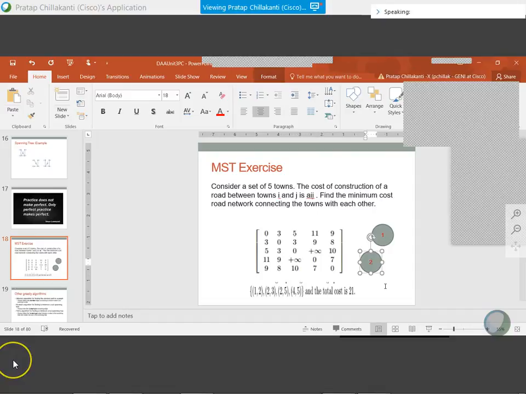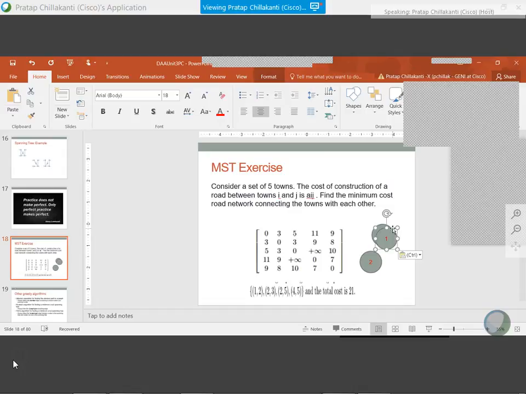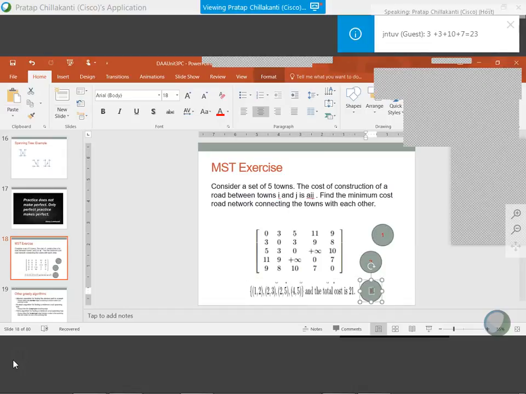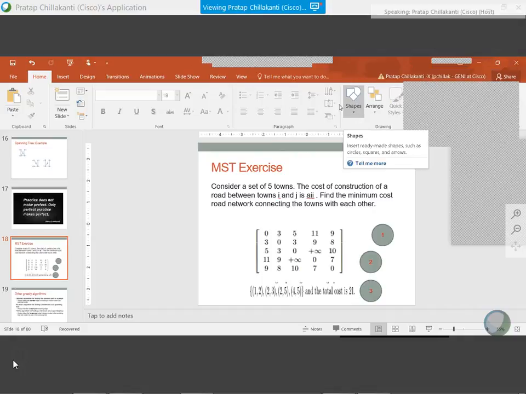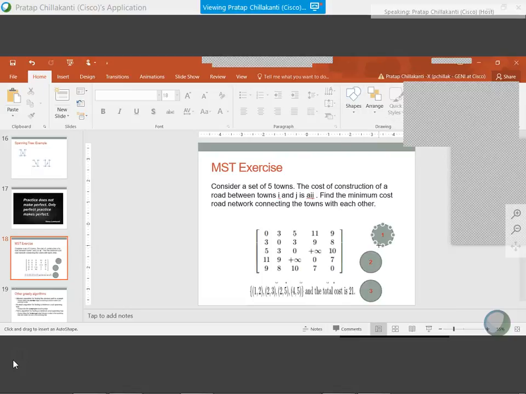2, and then 2 to 3. Okay, so let me do another Control C, Control V there. So I'm assuming you are seeing my screen. 2 to 3, right? So you have a line connecting. Where are the lines? So you have 1 to 2.